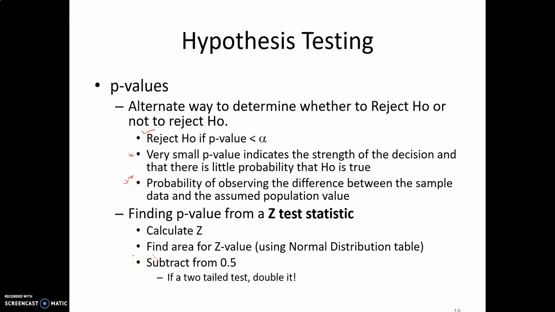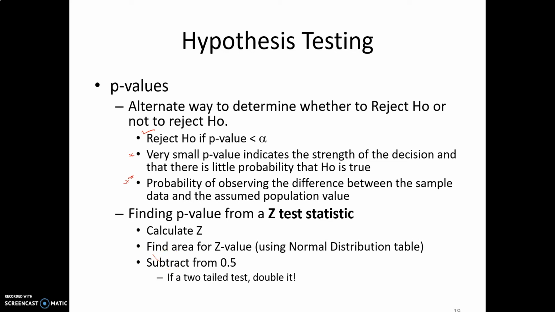A couple of ways to find the p-value depend on whether it's a z value or a t-value. We're going to look at the first one, where we calculate a test statistic, and then we go through this process to find the correct p-value.